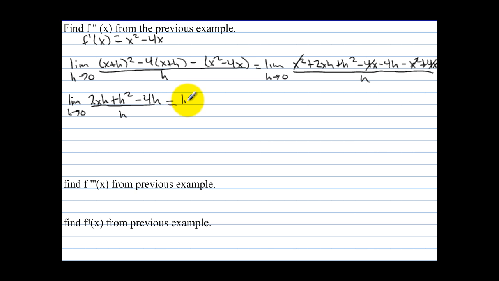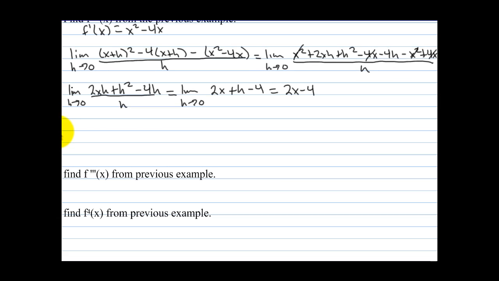That's equal to the limit as h approaches 0 of 2x plus h minus 4, not over h anymore because we canceled out an h from everybody. So that's what we end up with. Now we can finally plug 0 in for h, and we get 2x minus 4.